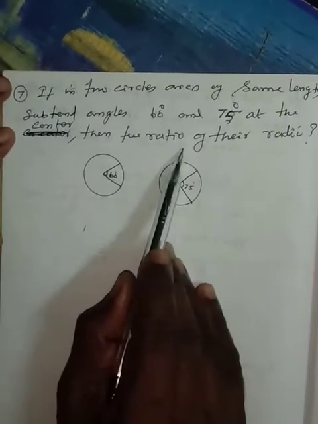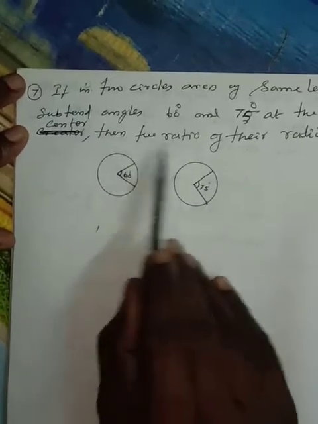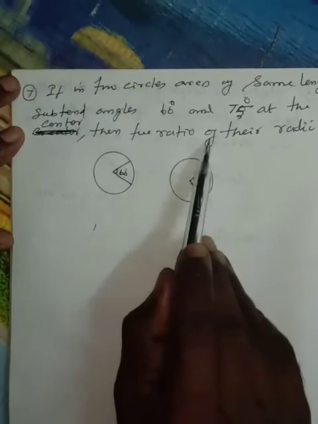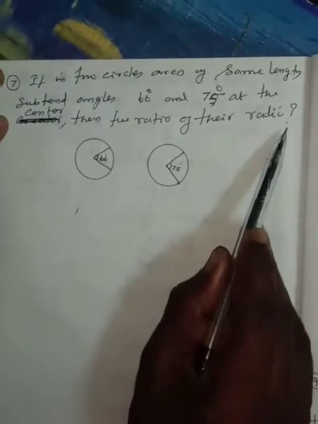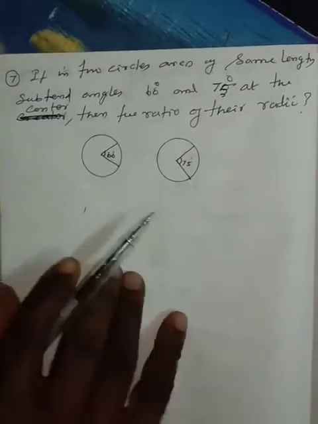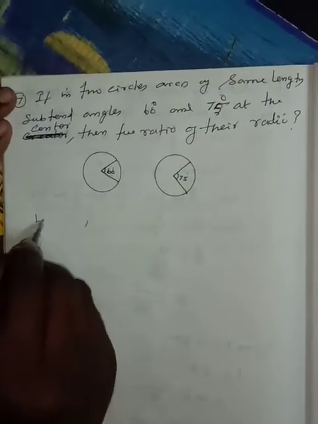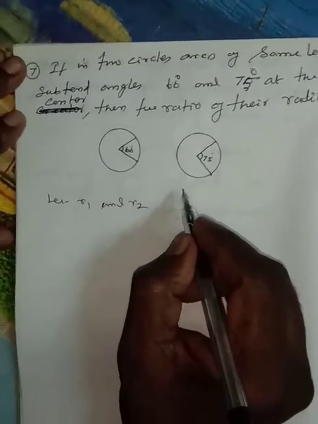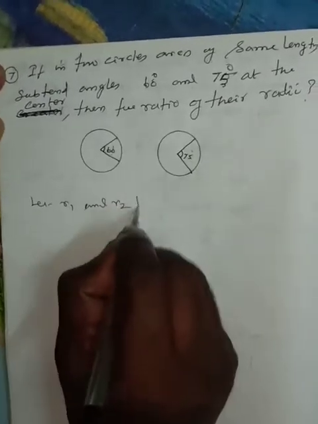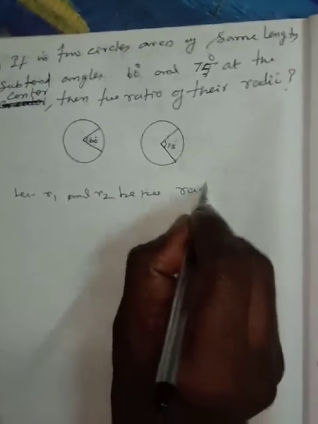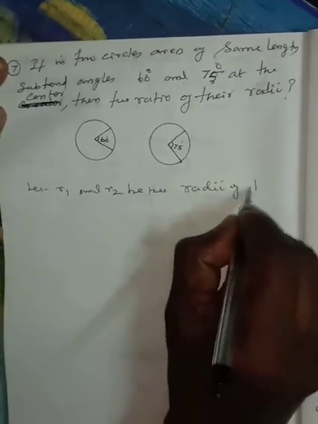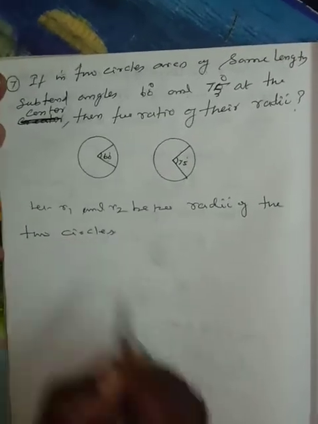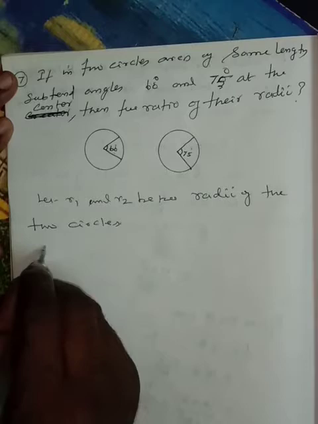First we have to take, let R1 and R2 be the radii of the two circles.